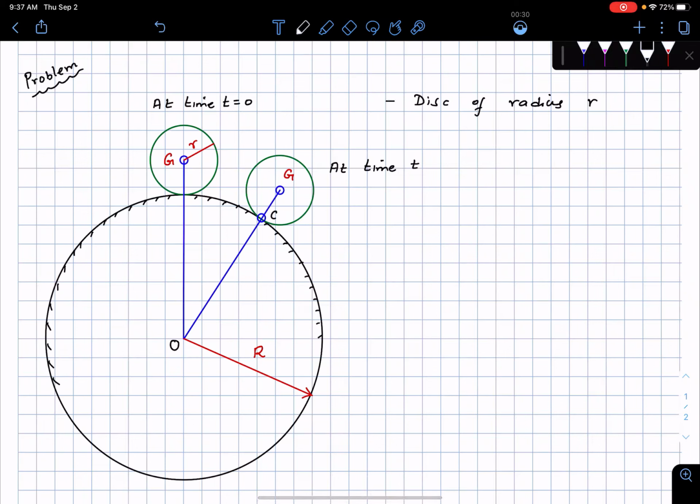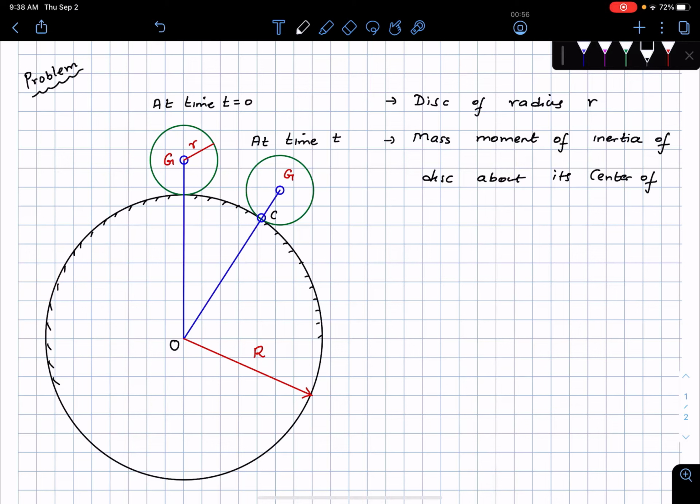And let's say that the mass moment of inertia of this disk is given to us as mr square by 2, or we can essentially just call it as Ig. Okay, so the mass moment of inertia of the disk about its center of mass, which I'm going to call as capital G, as you can see in the figure.